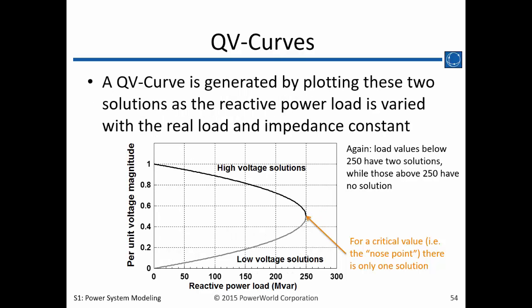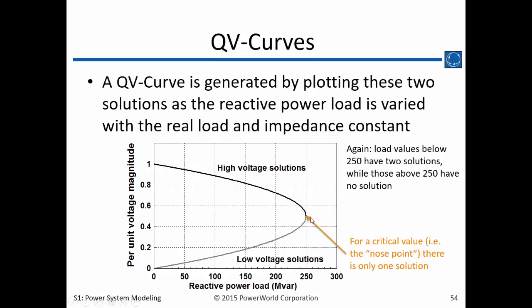A QV curve also can be generated by plotting these two solutions as the reactive power load is varied with the real load and impedance constant. Again, load values in this case for reactive load less than 250 megavars have two real solutions, both a high and low voltage solution.